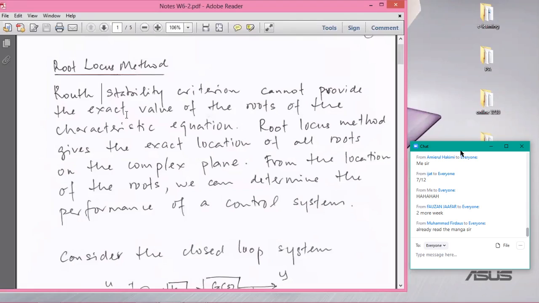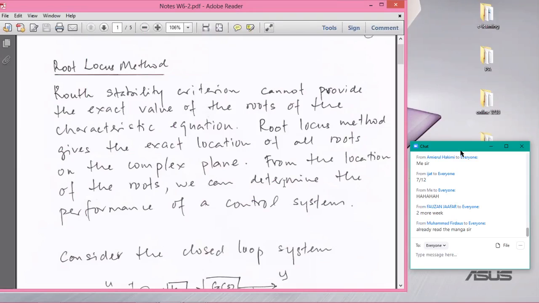So it says here, the Routh stability criterion cannot provide the exact value of the roots of the characteristic equation. We can only know whether the system is stable or not, whether there exists a positive root or not. Root locus method gives the exact location of all roots on the complex plane. So that is more important information that we can have.